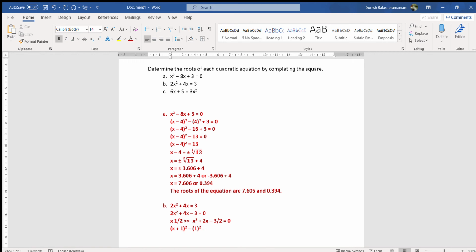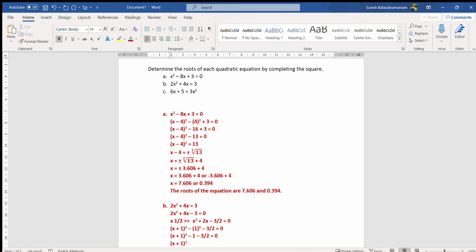So minus 3 over 2 equals 0. Try to solve this. (x plus 1) square minus 1 minus 3 over 2 equals 0.